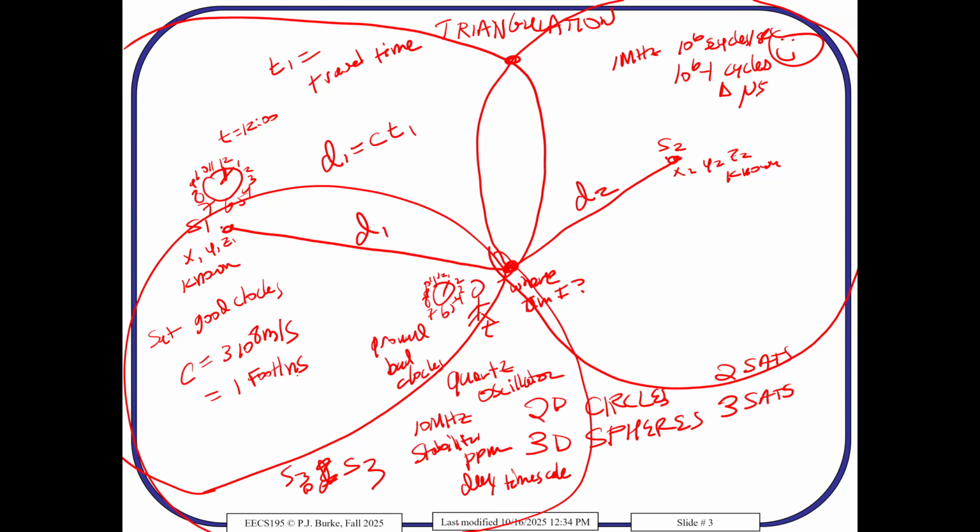And clocks drift by microseconds or seconds. So the error on the measurement of D1, D2, and D3 could be thousands of feet or more, which is not good enough for GPS. We want better spatial resolution. So that's the problem.